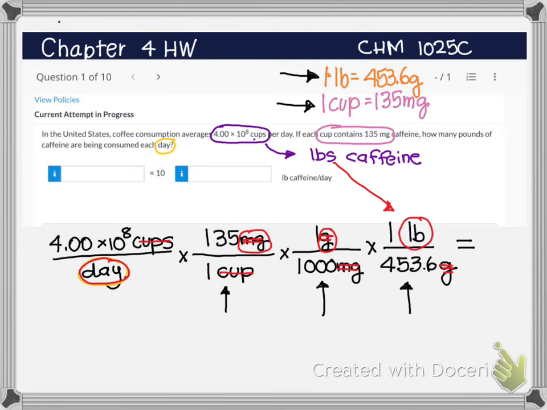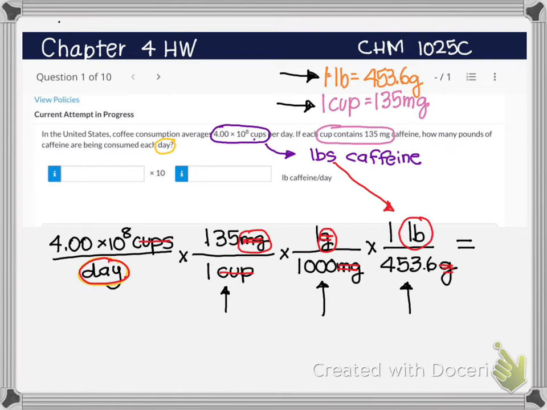So let me plug it in. So 4.00 times, I have to turn my calculator on first. Okay, 4.00 times 10 to the 8th. And then what you do from there is, we're going to multiply by 135. Just a second, I have to clear my calculator.